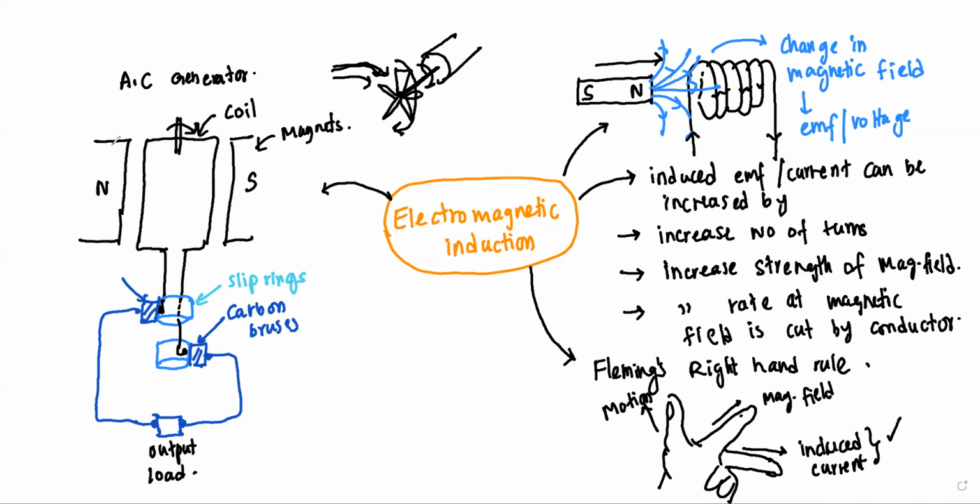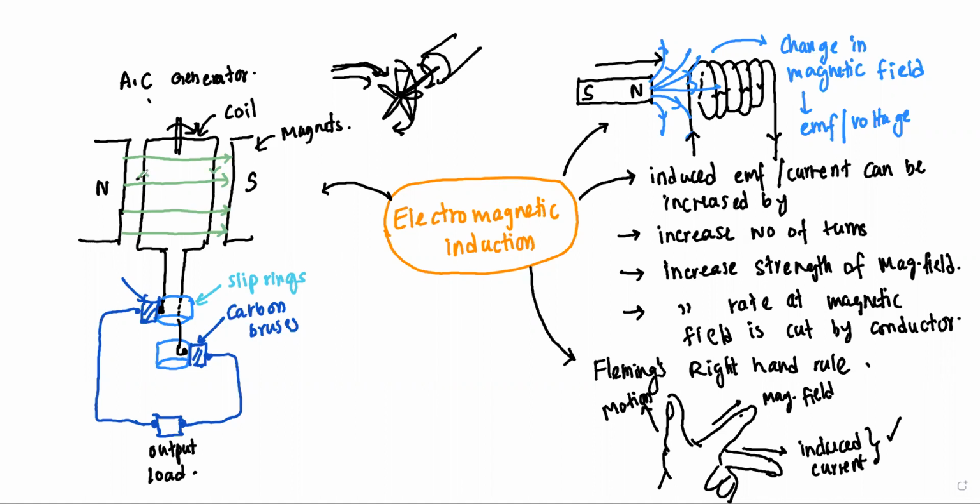Once the coil rotates, it cuts through the magnetic field between them. So there is a magnetic field between north and south, like this, and that magnetic field is going to be cut by the coil. When the magnetic field is cut by the coil, it can generate a current, the EMF, we call it.